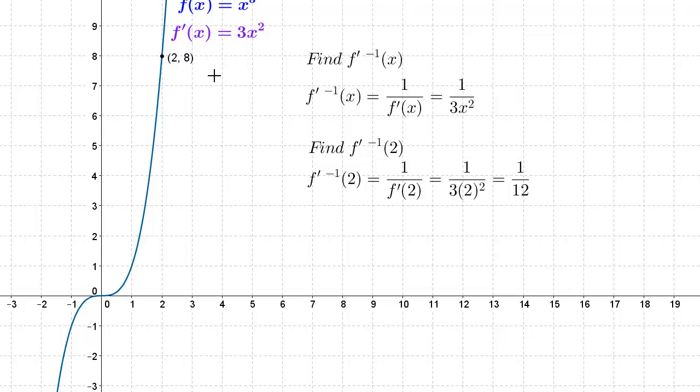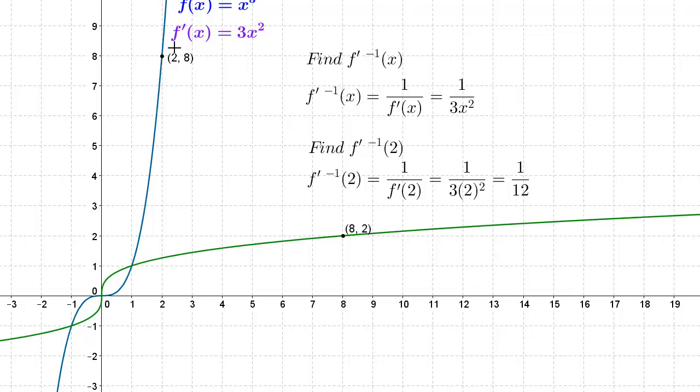So the slope on the inverse function is going to be 1/12, and indeed the graph of that bears it out. The slope at 2, 8 is given by this red line. It has an instantaneous slope of 12, 3 times 2 squared. The slope at 8, 2 on the inverse function has a reciprocal slope. Instead of a slope of 12, it's a slope of 1 over 12 at that instant.